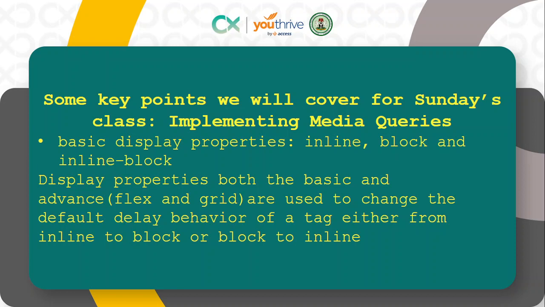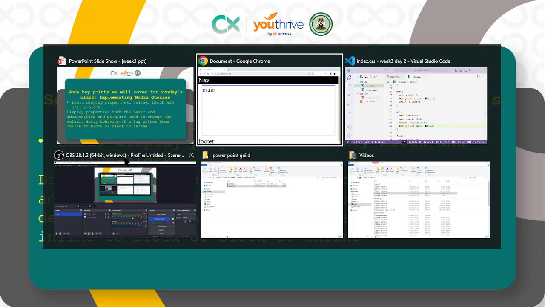Or you decide to use a span tag for something, and you now remember, oh, this tag is an inline tag. You don't have to clean the code or edit the tag. You can simply convert this behavior from inline to block. So let's demo that with a few examples.